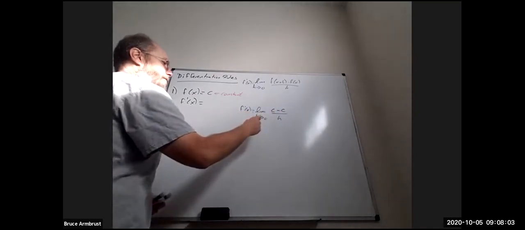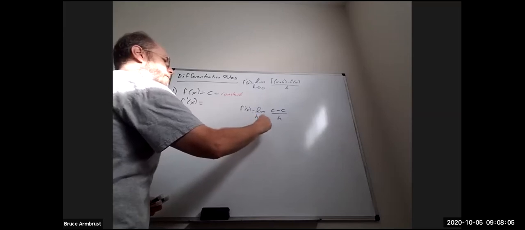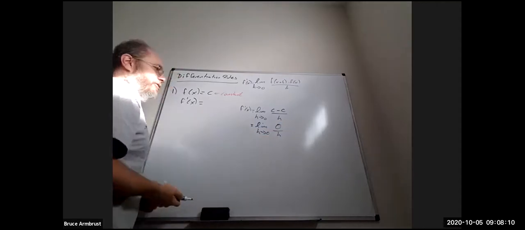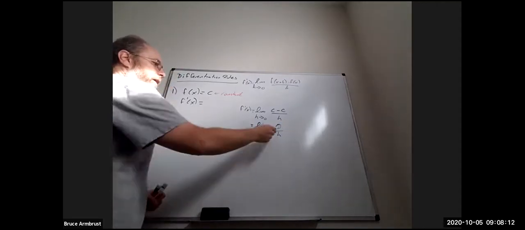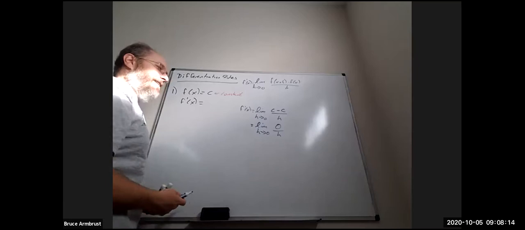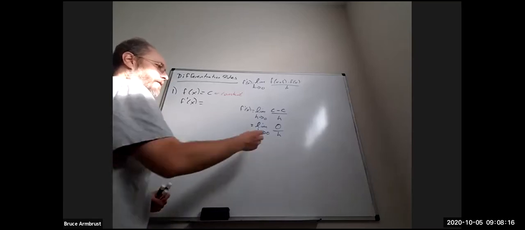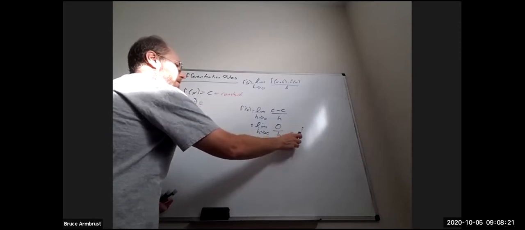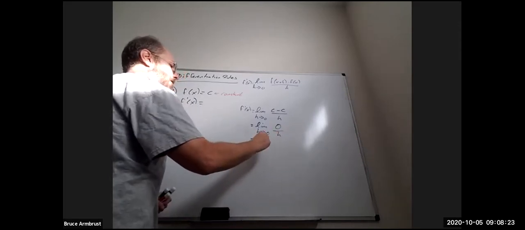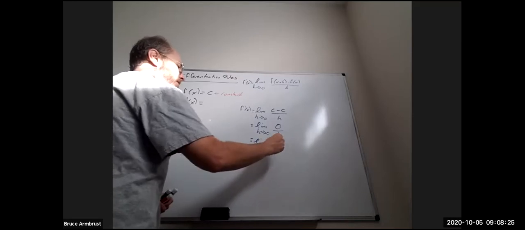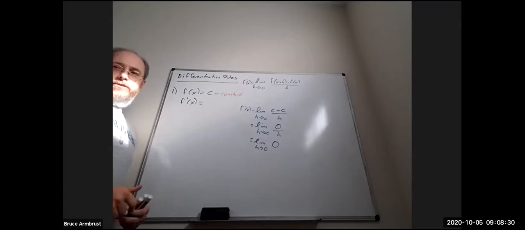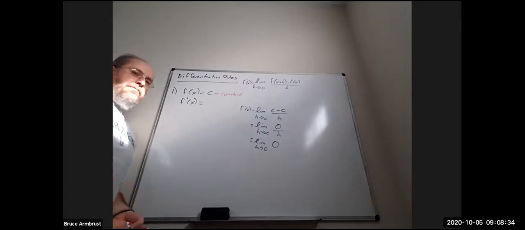Now, c minus c, of course, is 0. So we get 0 over h. And 0 divided by anything that's not 0 is 0. So this is going to be the limit as h goes to 0 of 0. Now, sometimes people stop me and say, but wait a minute, we're dividing by 0, right?